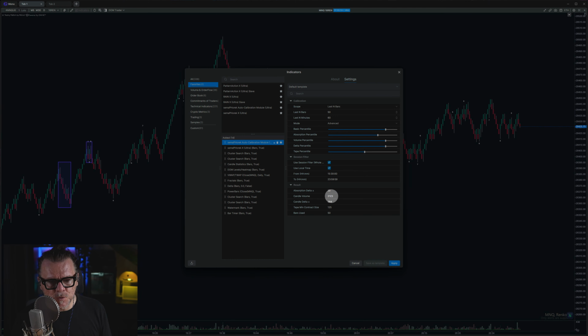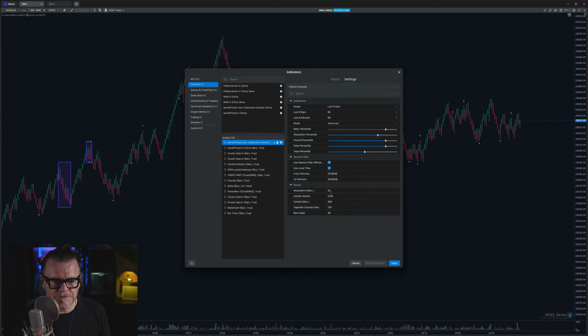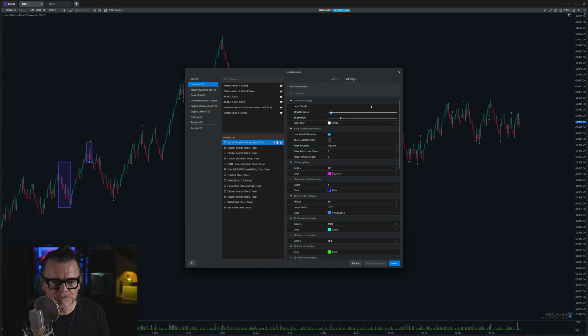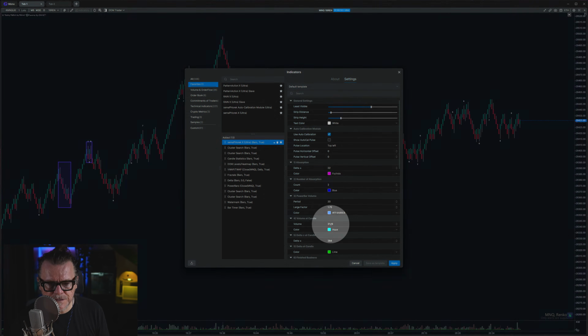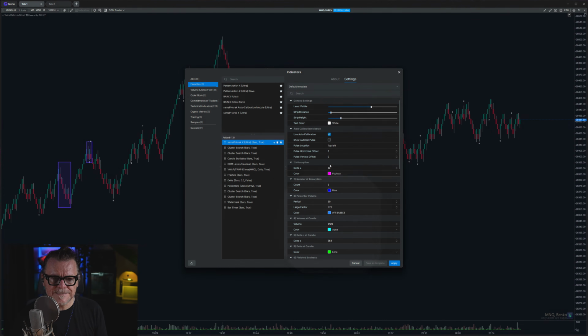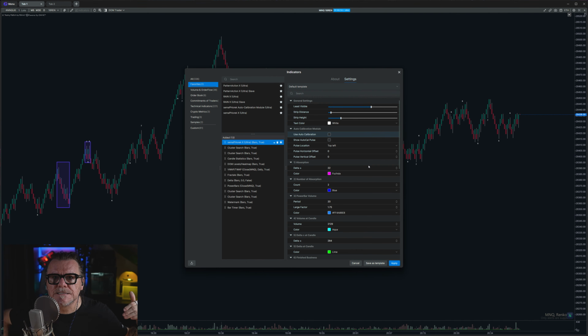So, 22, 21, 29. 22, 2,129. That's it. It transferred the settings based on those 4,059 candles to semaPHorek indicator, to this window.